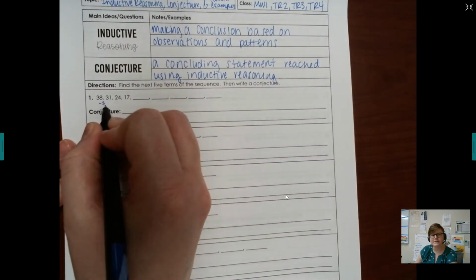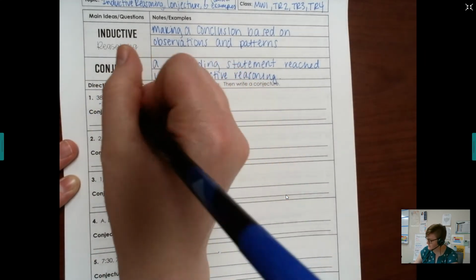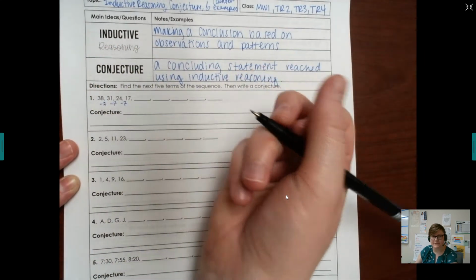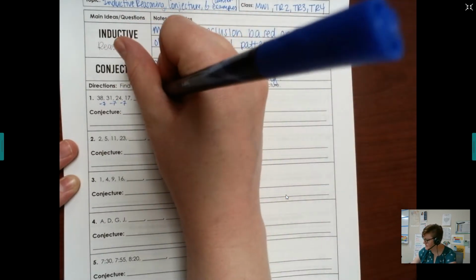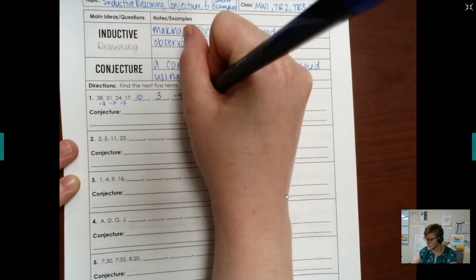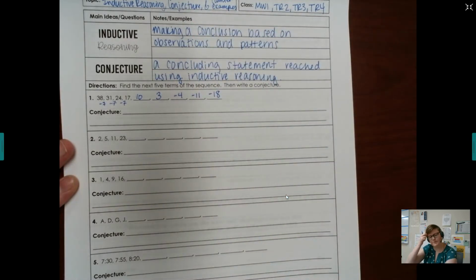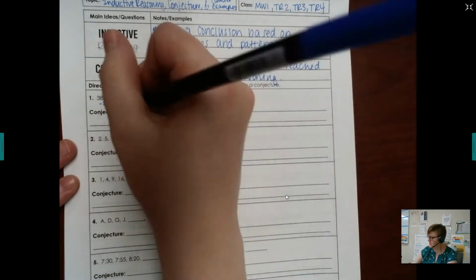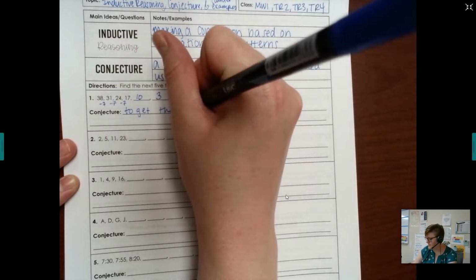So 38 minus 7 is 31, minus another 7 is 24, and another 7 to get to 17. If we take off 7 again, that's 10, again is 3, negative 4, negative 11, and negative 18. So a conjecture could be: to get the next term, subtract 7.